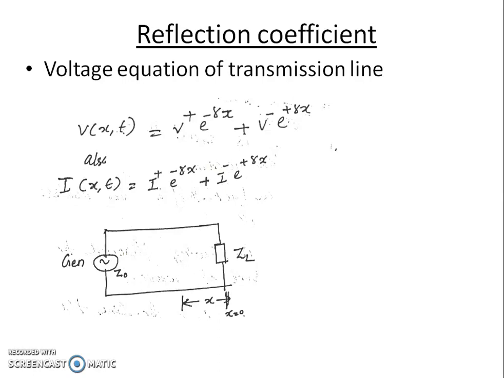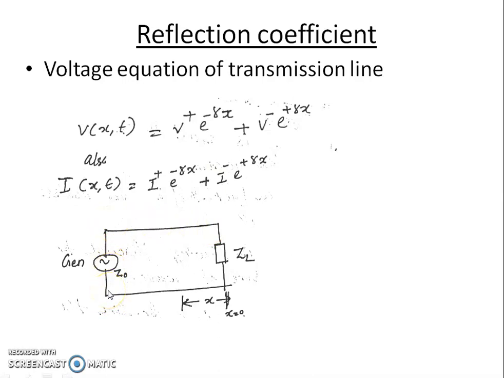In a transmission line, there are two things. One is moving near to the generator. This is a transmission line model, and on one side we are putting a source, that is the generator. On the other side we are showing a load, that is ZL.